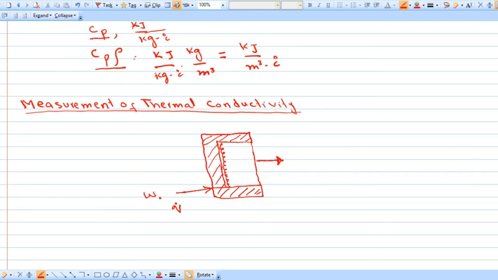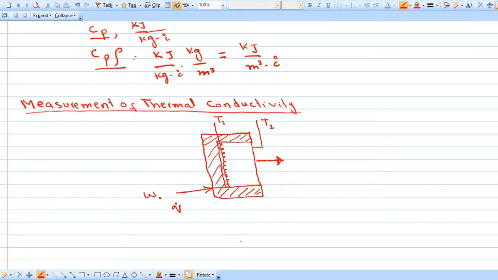We have a setup to measure the temperature of the heater T1, and we also have a setup to measure the temperature of this face T2.